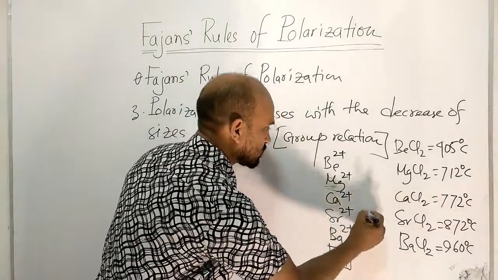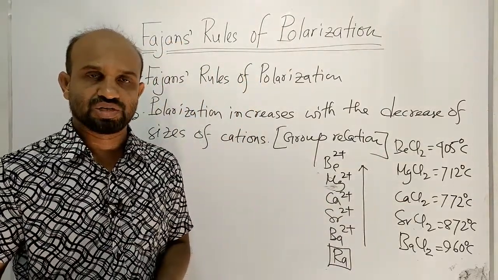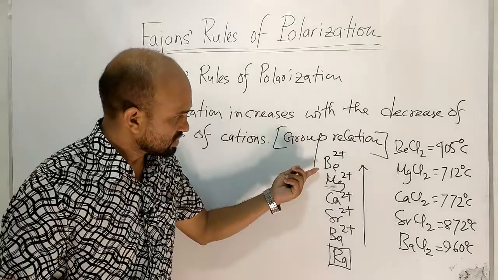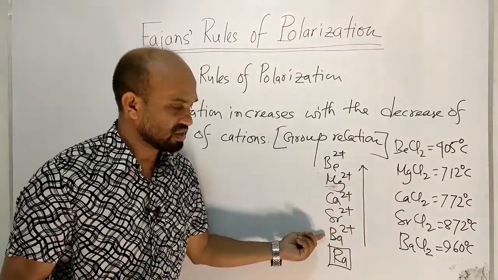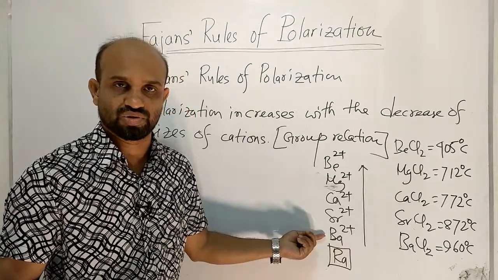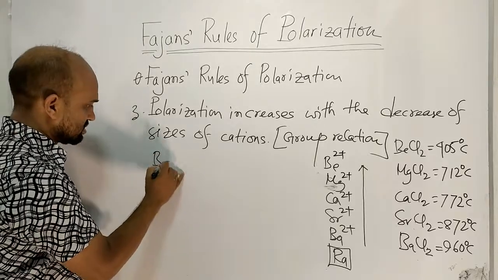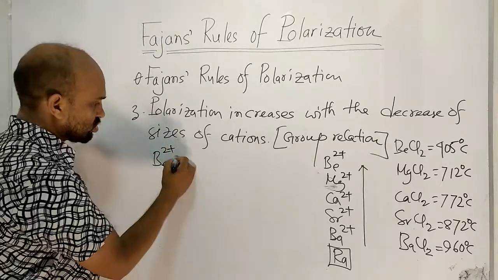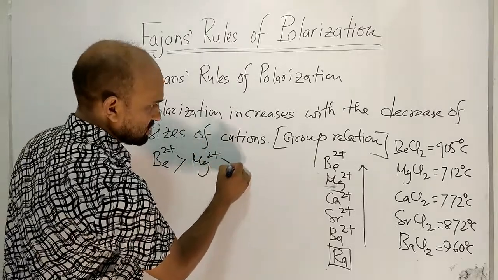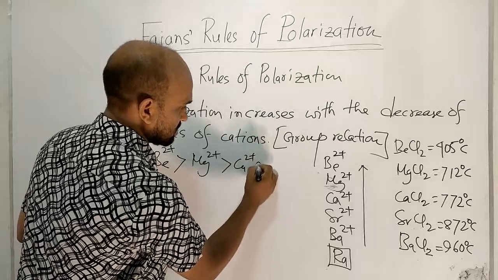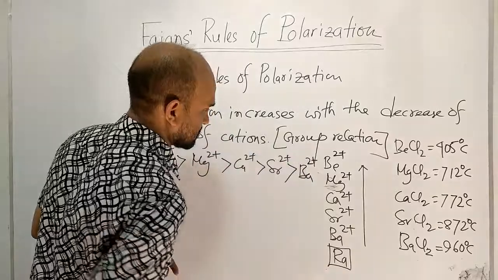From bottom to top, we know the size of atoms decreases, so beryllium's size will be the least, and here barium's size will be the most. According to this rule, in this case polarization will be the most, then magnesium 2 plus, then calcium 2 plus, then strontium 2 plus, and then barium 2 plus.